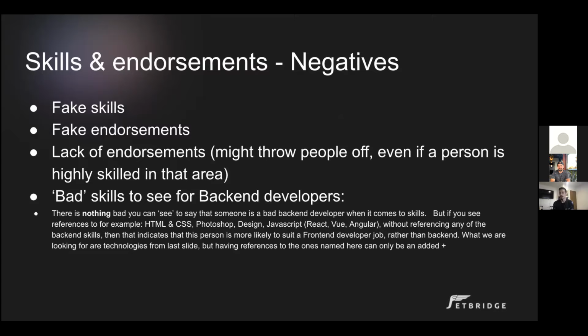So he didn't get that many endorsements from other people. And it can also be that somebody just put a new skill there and he can be really, really good. But just because it's a new skill he added, people can see, oh, 0 endorsements. But it can throw people off. So I wouldn't say that 0 endorsements on a skill mean anything, but fake skills and endorsements mean a lot.